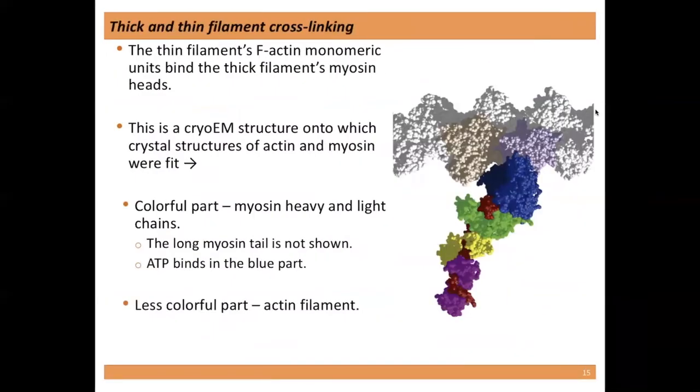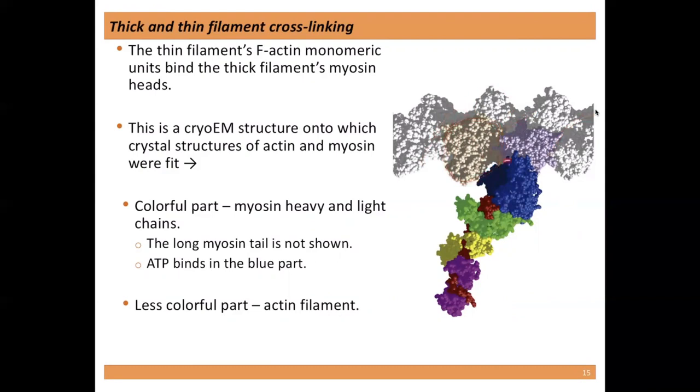And now what we want to do is look at how these thick and thin filaments interact. So in the shaded, less colorful part there, that is the actin fiber. And you can see each one of these proteins here. And you can see that it has a twist around there. And so this is just one subunit right there.